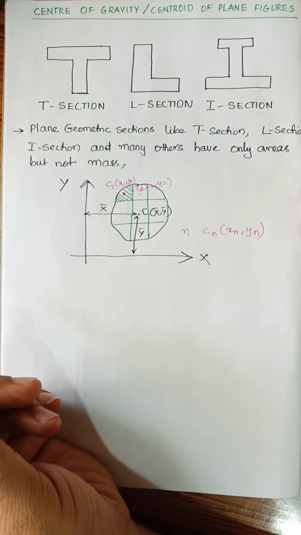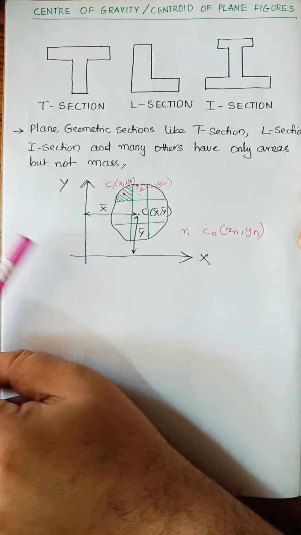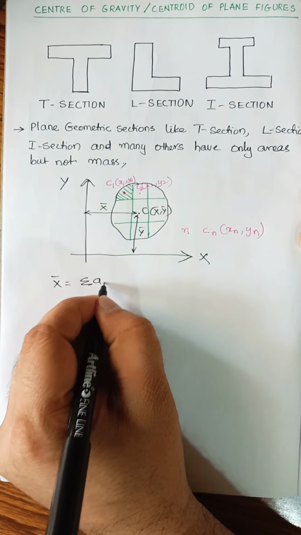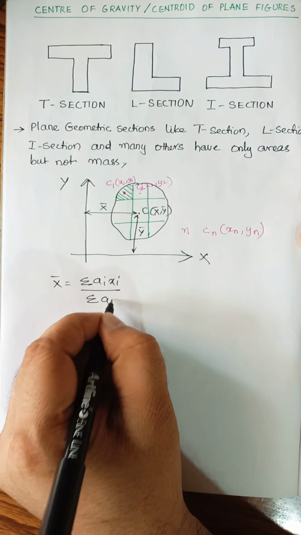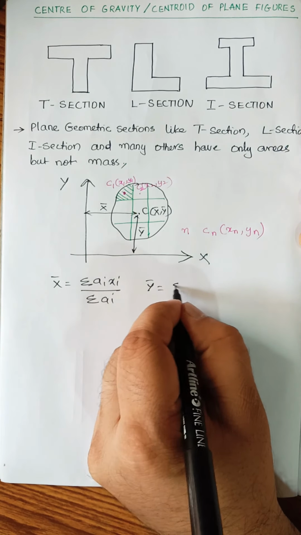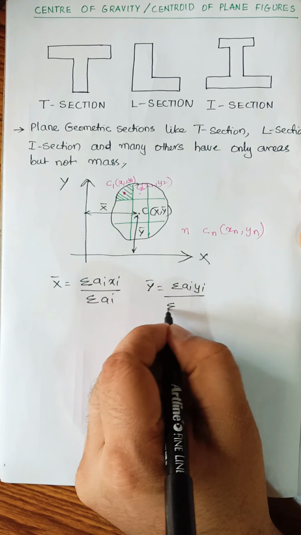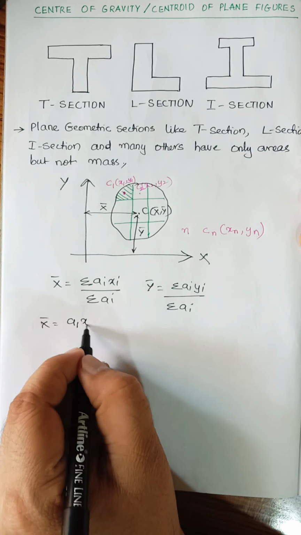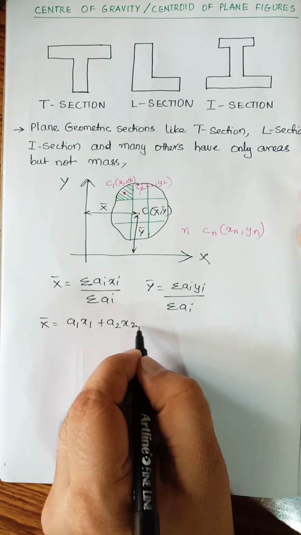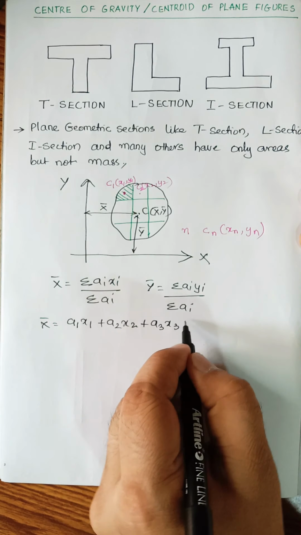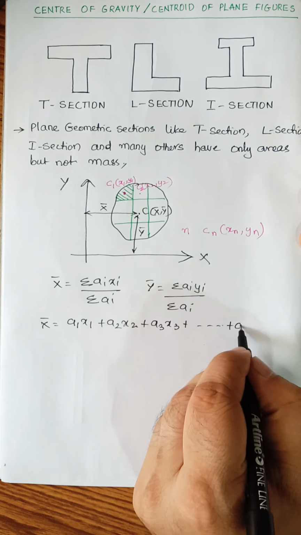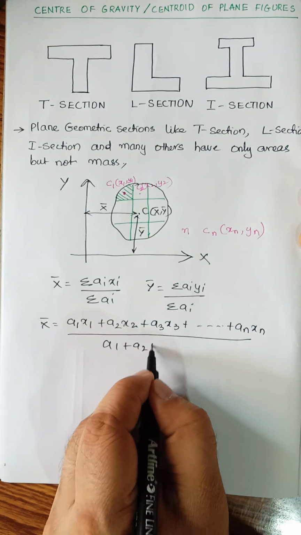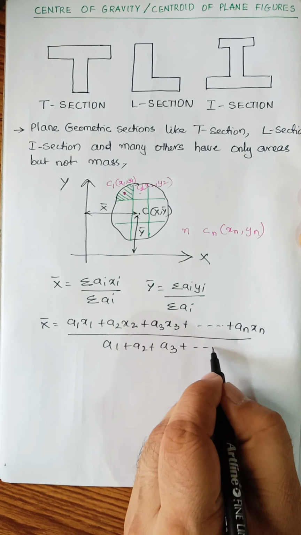Now the formula to find out the coordinates of centroid, x bar as well as y bar. Here x bar is given as sigma ai xi by sigma ai, and y bar is given as sigma ai yi by sigma ai. Expanding the formula, x bar is equal to a1 x1 plus a2 x2 plus a3 x3 plus so on up to an xn, divided by a1 plus a2 plus a3 plus so on up to an.